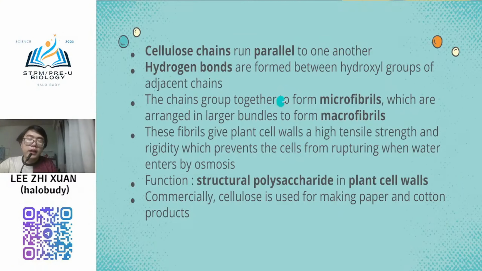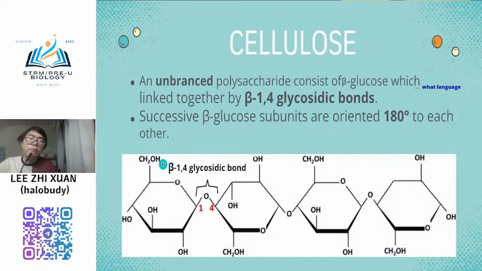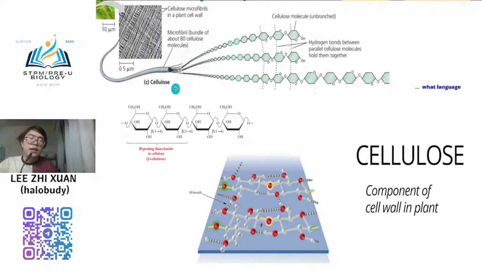So these chains together form microfibrils, which are arranged in larger bundles, and this gives the plant cell high tensile strength and rigidity, which prevents the cell from rupturing when water enters by osmosis. So cellulose is the main component of the plant cell wall.